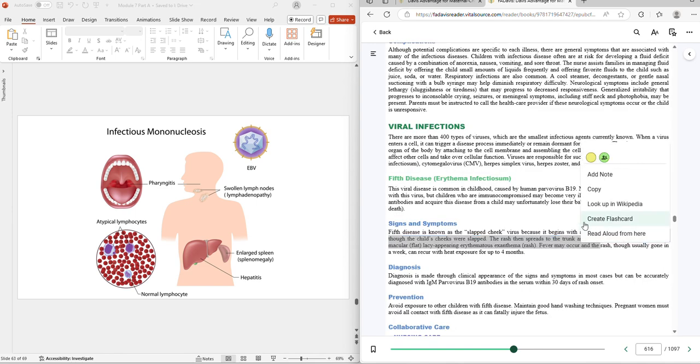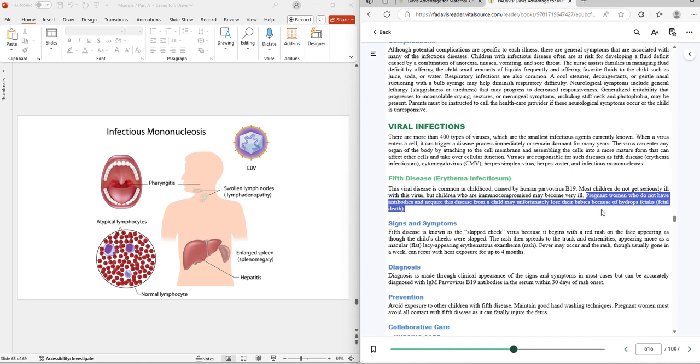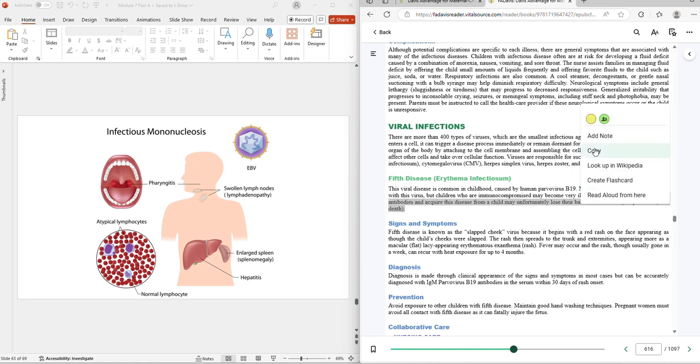It can cause fetal death, stillbirth, miscarriage. So they do not have any antibodies, and they acquire this from a child, and they can lose their child, okay? It's a parvovirus, so it's a human parvovirus.